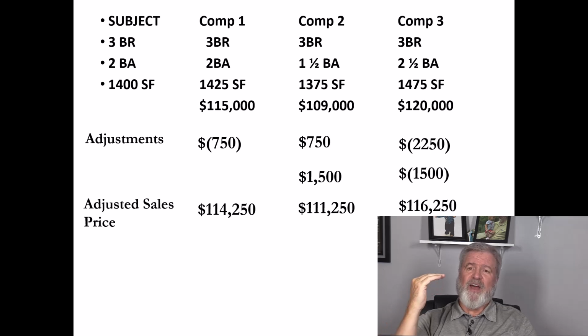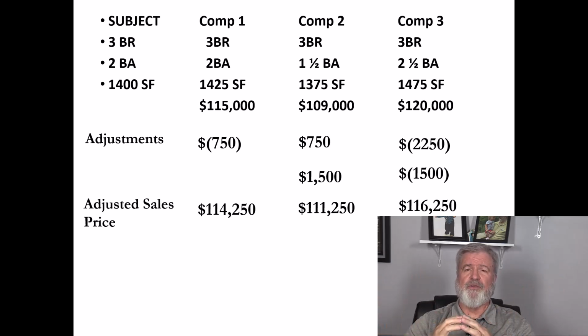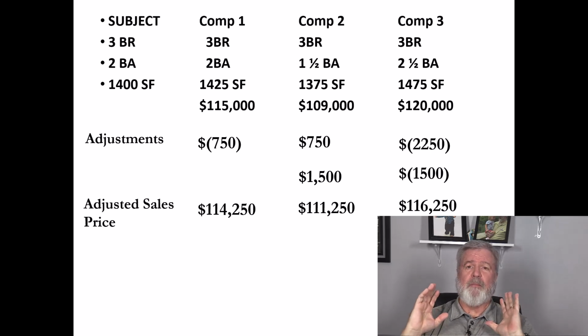Because if you've got a $200,000 house, the overall value is $200,000. The value of a bathroom in that house is not going to be the same as what a bathroom would be worth in an $800,000 house. Right? So you can't just say a bathroom's worth $5,000.